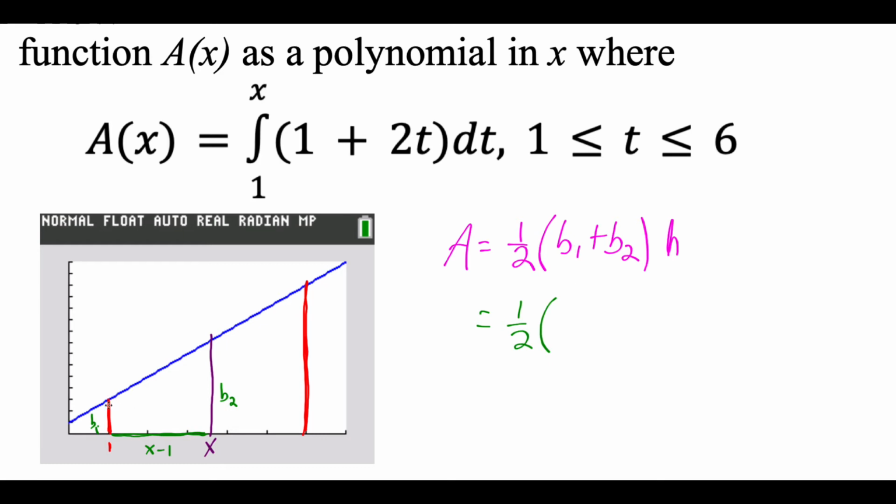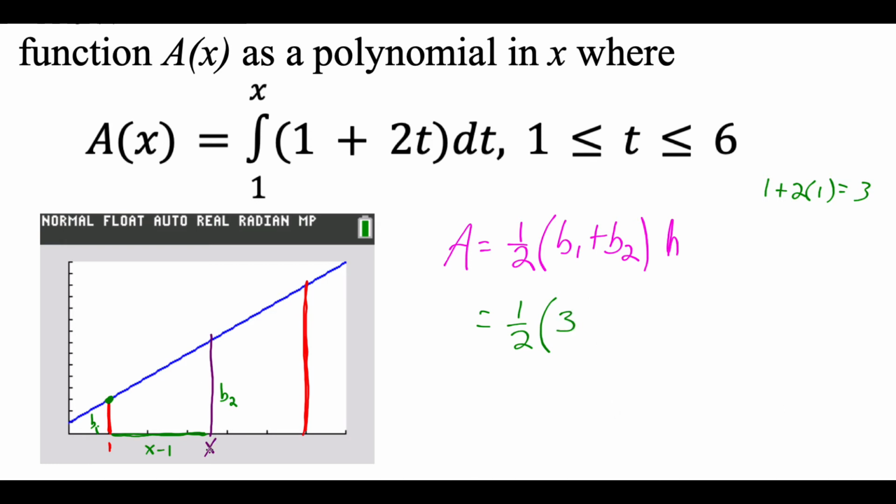Now for this base 1, to figure out the length of that base, we need to figure out where we're hitting our function. So this is happening at a t value of 1. So then in our function, that 1 plus 2t, I'm going to plug 1 in there. Well, if I do 1 plus 2 times 1, then that's going to give me a value of 3. So that base 1 length is 3.